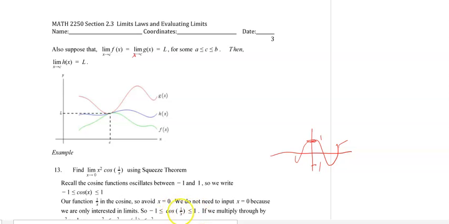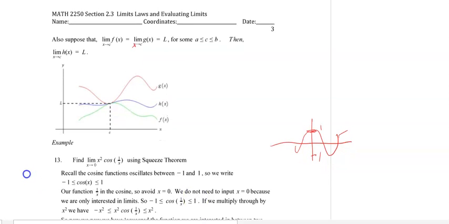It is true that the cosine function of any input will always be between -1 and 1. But we want x squared times the cosine of 1 over x. So if we multiply through everything by x squared, we'll have -x squared is less than or equal to x squared cosine 1 over x less than or equal to x squared.